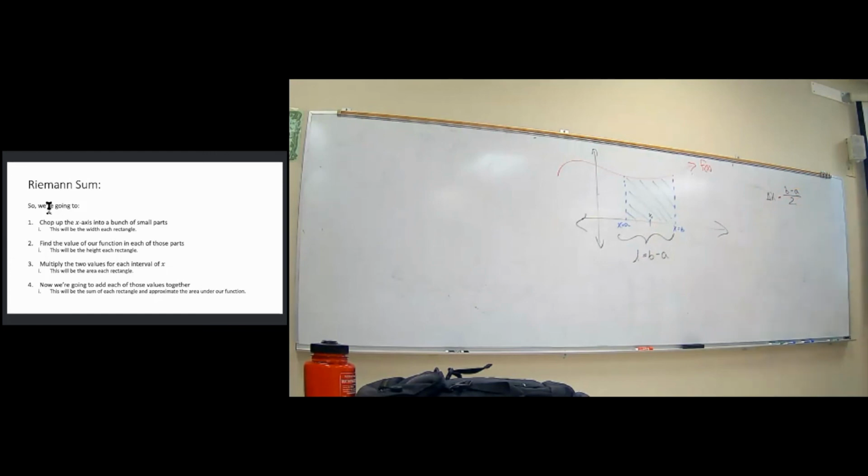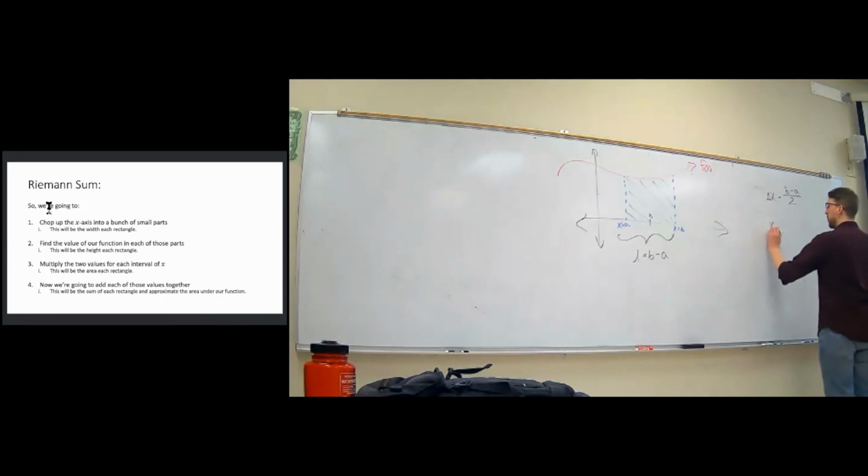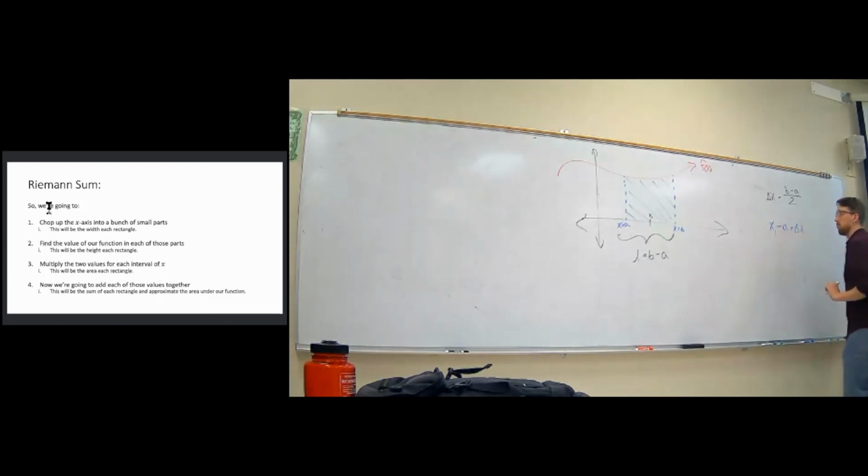Then we're going to say, all right, then x1 is just going to be delta x plus A, right? So this x1 value is A plus delta x. And if we were to do it again, we would get to B, right?